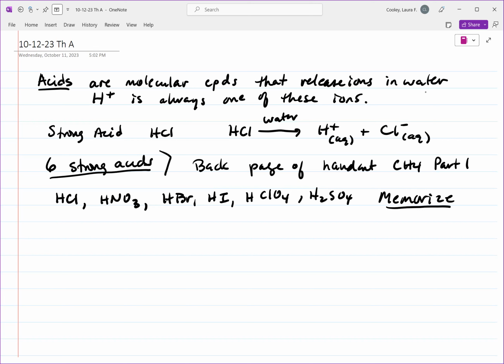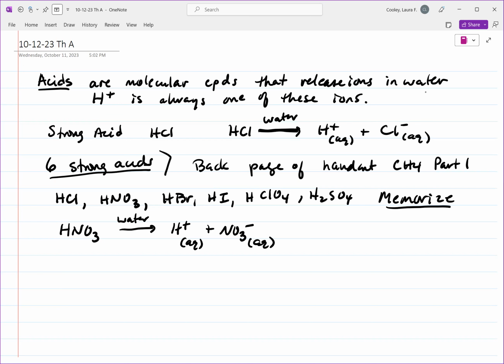But anyway, every one of these strong acids breaks into ions in water. So we say they are aqueous. These ions are aqueous, they're dissolved in water. We also say, so this whole process of taking an acid, and the fact that when you put it in water, it ionizes, we say that strong acids completely ionize.